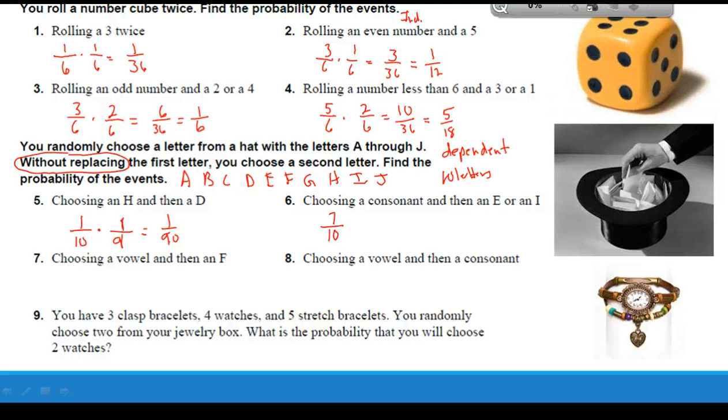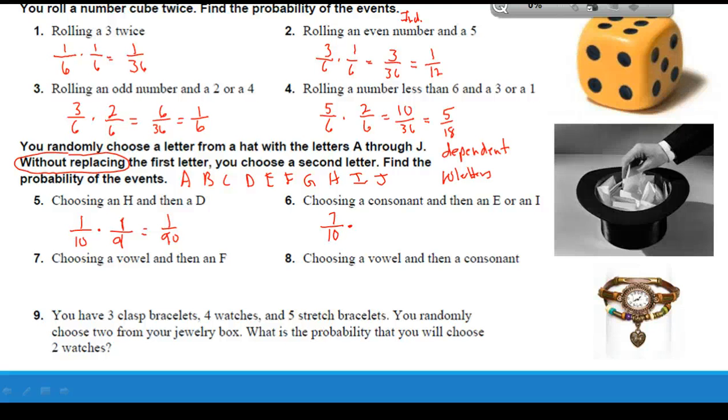And then we have to draw an E or an I. There is 1 E and 1 I, so 2 good choices. And we know that the E or the I hasn't been pulled out, because E and I are vowels, not consonants.